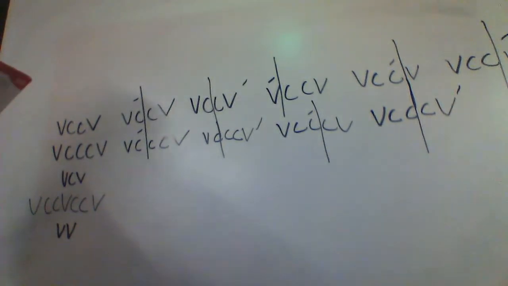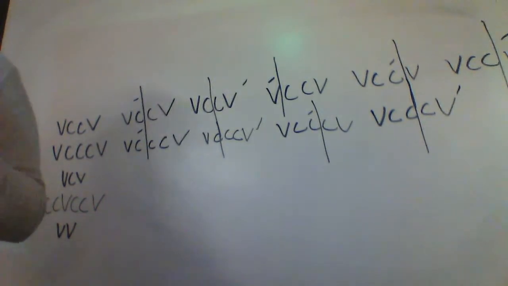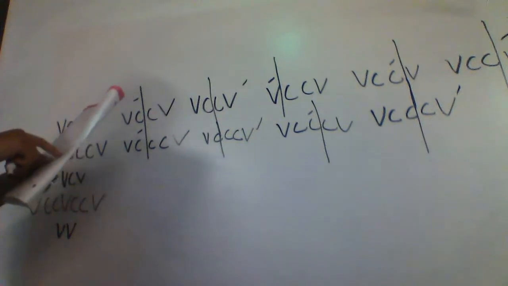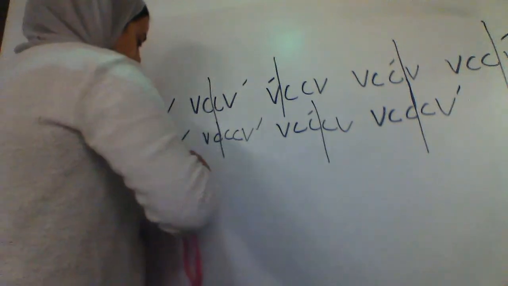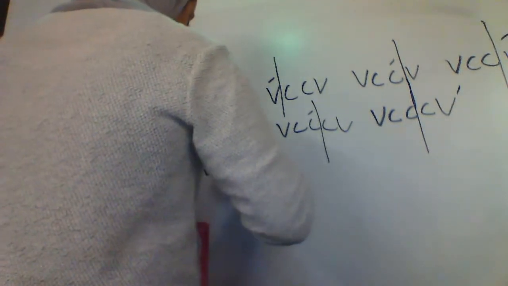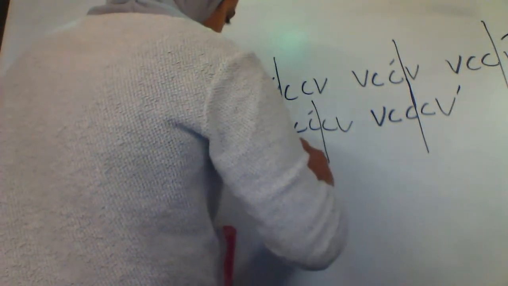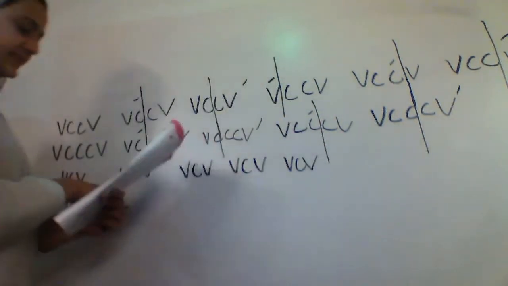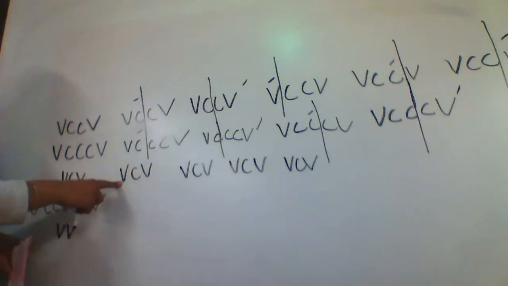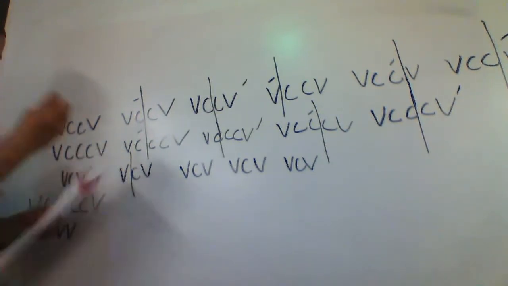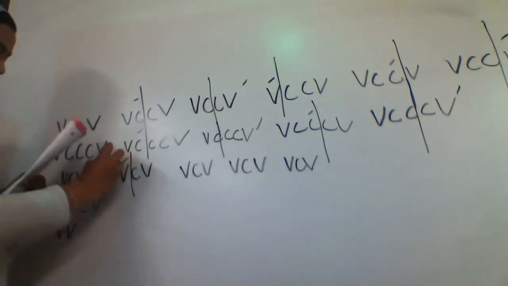Woo, that's a lot. Almost done. V, C, V. Those are easy. No, there's 4. Okay, VCV. One way is the division line goes between the first V and the C, and the accent goes in the beginning.